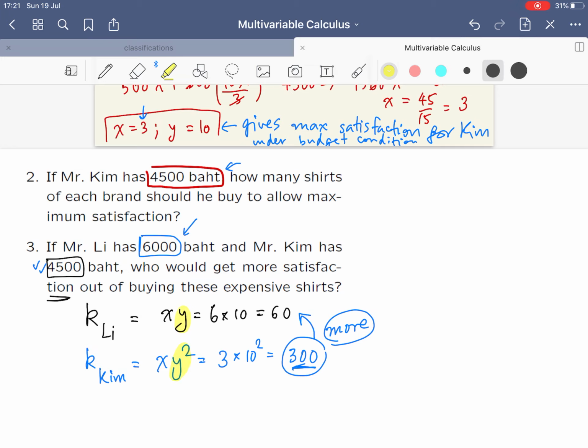Here is y, there is y squared, and your y is the product that is cheaper than the x. Remember, the y is 300 per unit, the x is 500 per unit. So Mr. Kim looks like he prefers to buy the cheaper one. But for Mr. Lee, it looks like the cheaper or the more expensive, it doesn't matter. He likes both of them at the same level. But Mr. Kim likes the cheaper one more, so that's why he is more satisfied.